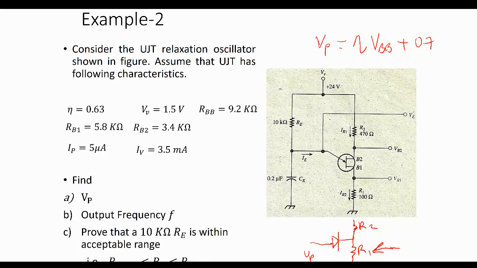Your capacitor will start discharging at that peak voltage, and you'll have an emitter current flowing through B1 down to R1.